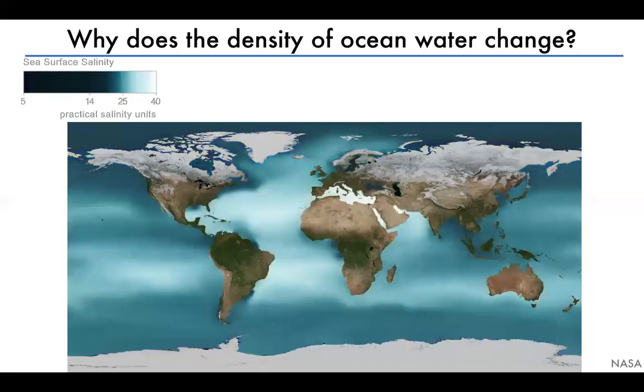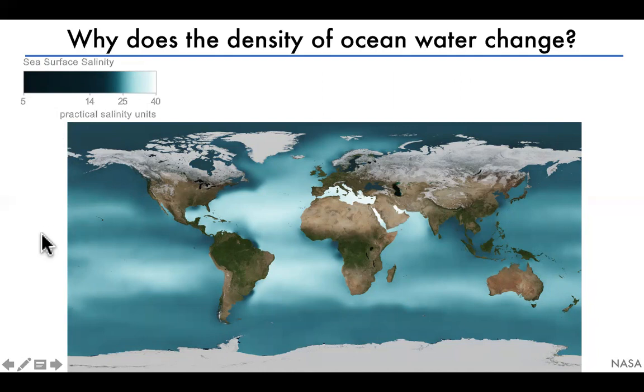So as we all know, if you've spent any time at the beach and gotten a face full of seawater, the ocean is in fact quite salty. And again, let's talk about the color bar up here in the top left. We're looking at what are called practical salinity units.